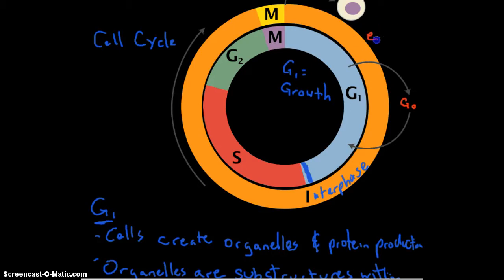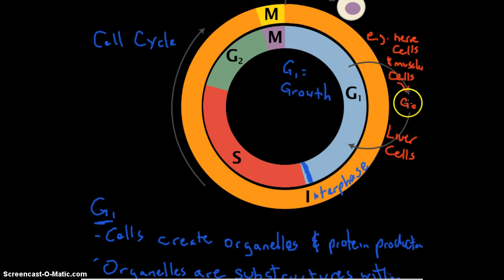For example, nerve cells and muscle cells indefinitely go to G naught. So they hang out in this phase and they don't really jump back into the cell cycle and divide. Certain cells, such as liver cells, hang out in G naught, but as you all know, the liver cells do regenerate.